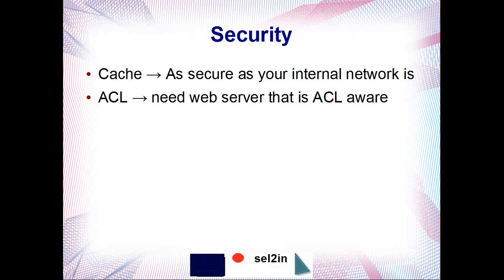And some caches like Varnish even have access control built into them, so that you can tell the cache what resource is viewable by which user or which type of user. Varnish, I've not used it myself, but I've read that it has that capability also. So there are two parts of security.